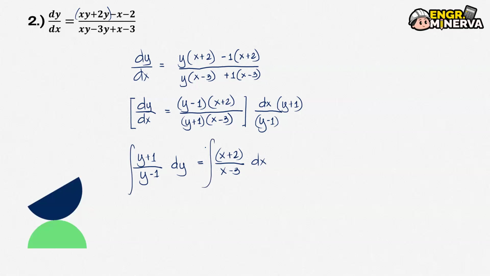Since the degree of the numerator is the same as the degree of the denominator, the first technique to use with this integration is synthetic division. But again, it would take up time. So what we need to do is use the plus minus rule.